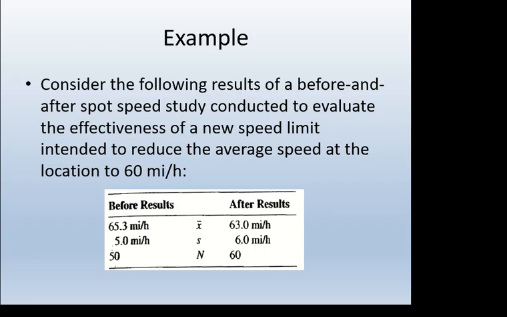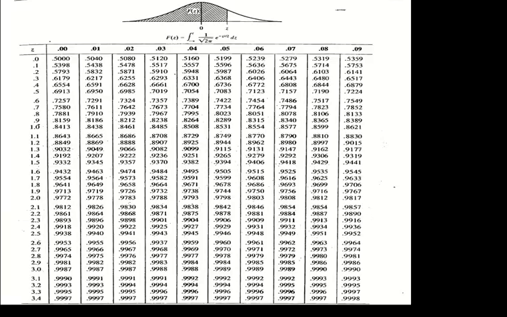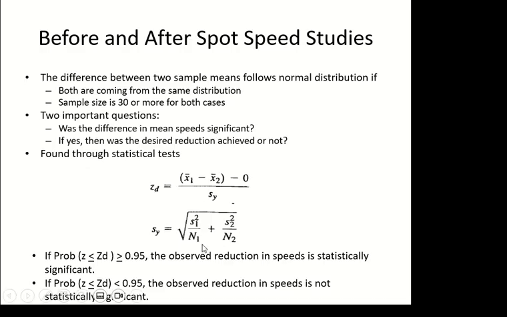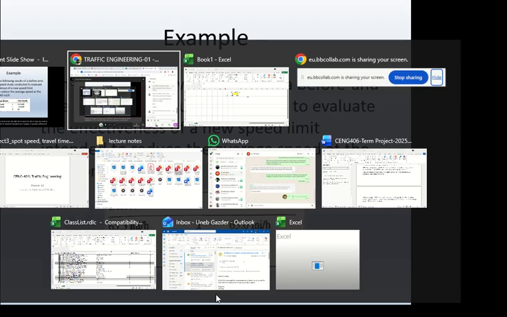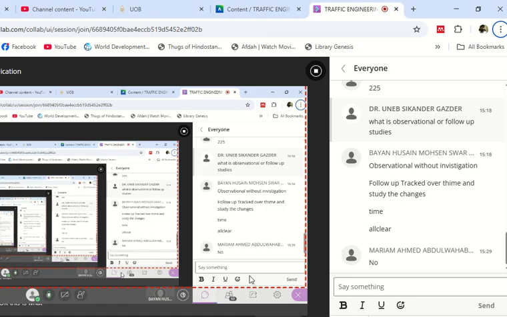The first thing we have to do is calculate the Z value. For the Z value, we need to calculate the SY. So I need the standard deviation and number of samples before and after.